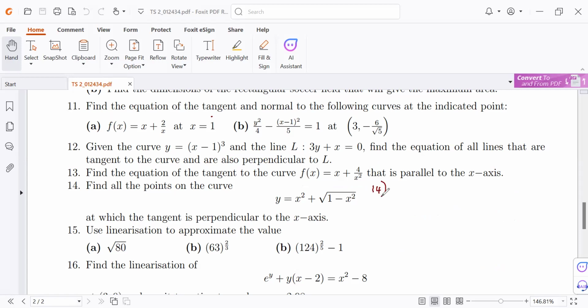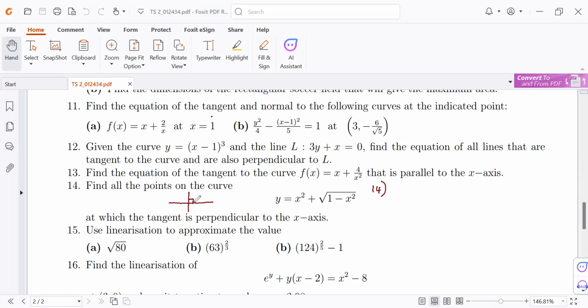If this is the x-axis, the line perpendicular should form 90 degrees when it crosses the x-axis. So it will be a vertical line.